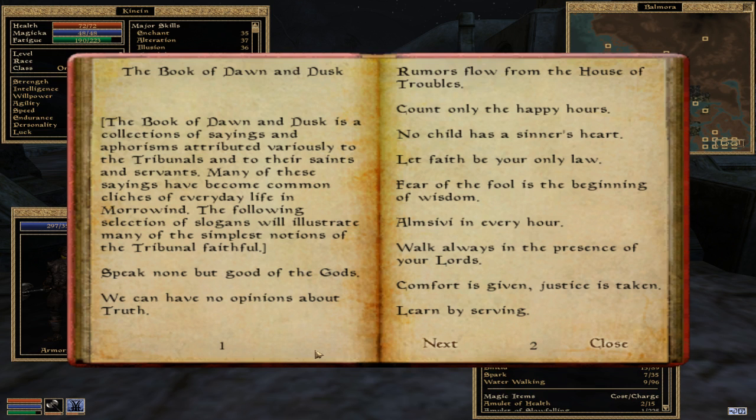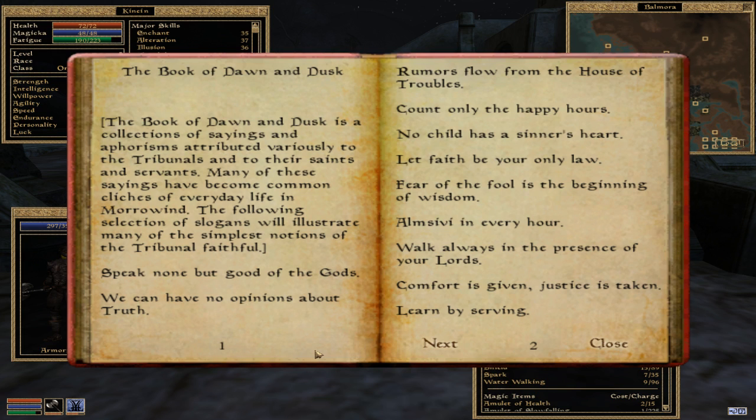The Book of Dawn and Dusk is a collection of sayings and aphorisms attributed variously to the tribunals and to their saints and servants. Many of these sayings have become common clichés of everyday life in Morrowind. The following selection of slogans will illustrate many of the simplest notions of the tribunal faithful. Speak none but good of the gods. We can have no opinions about truth.